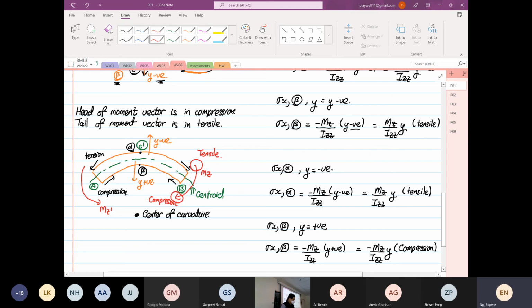Tension. So the rules that are written over here still work. The head of the moment vector is in compression. The tail of the moment vector is in tension. So this is the most important thing to remember. Head of the moment vector is compression. The tail end is in tension.